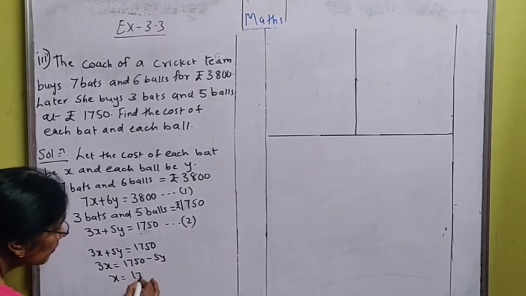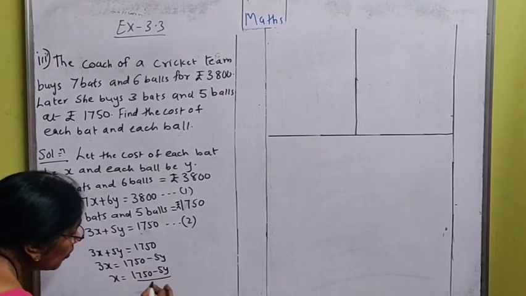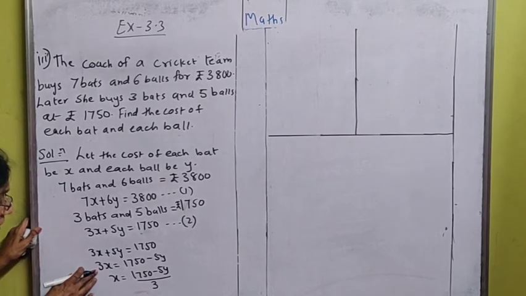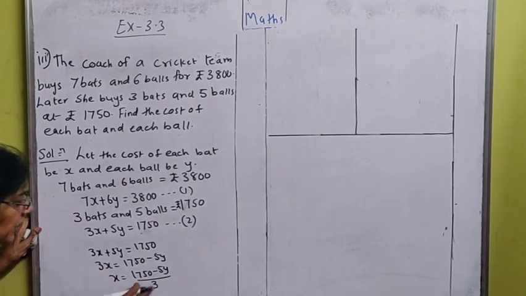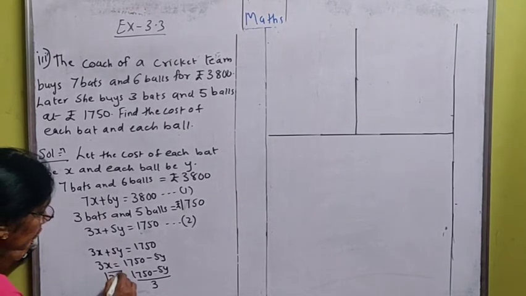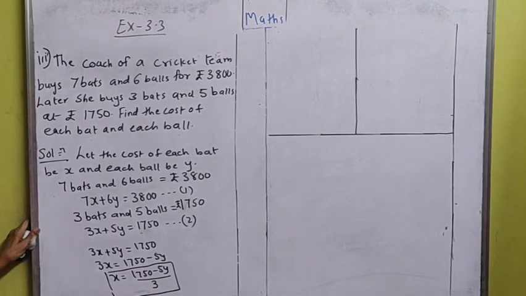X is equal to 1750 minus 5y whole divided by 3, because 3 is the coefficient of x. We don't want this 3, we want only the value of x. So this 3 will become the denominator on the right hand side. So we got x is equal to 1750 minus 5y by 3.